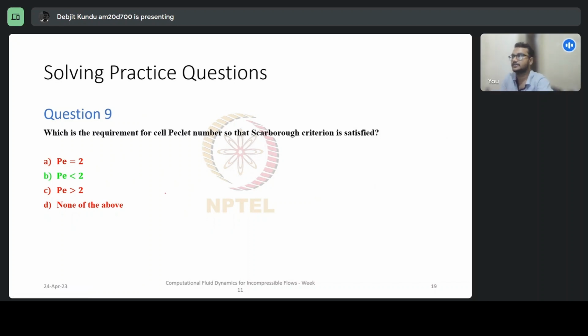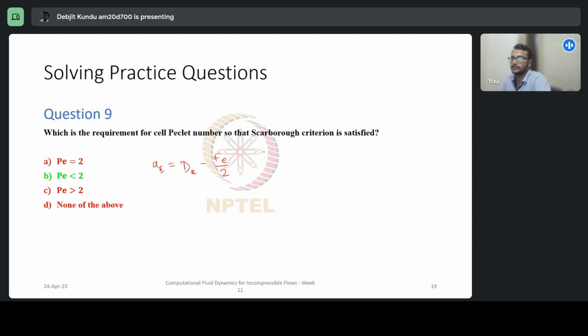So basically, what happens is in finite volume method, while we're trying to find out the coefficients, the coefficient for the east cell becomes something like this. So I have dE minus Fe by 2.